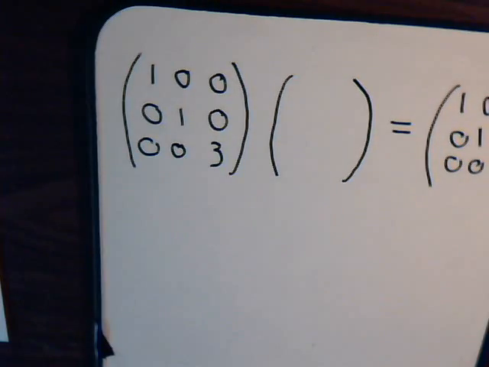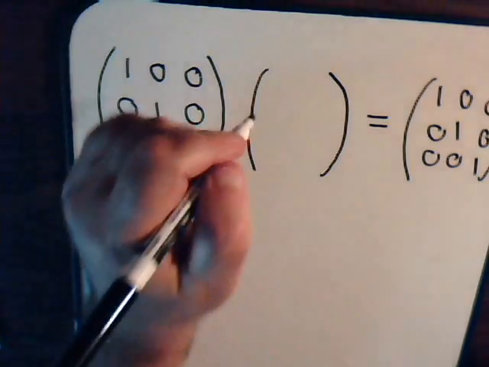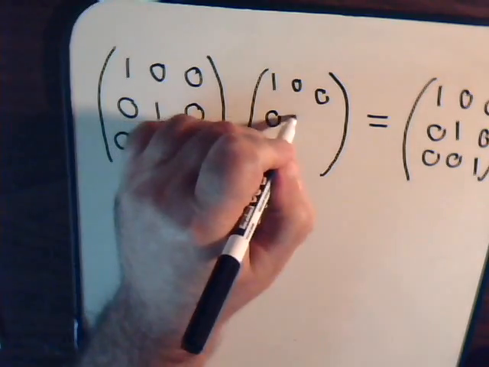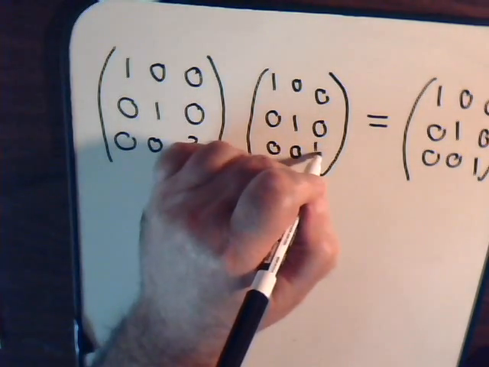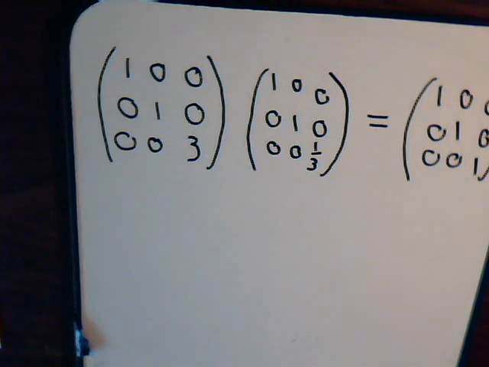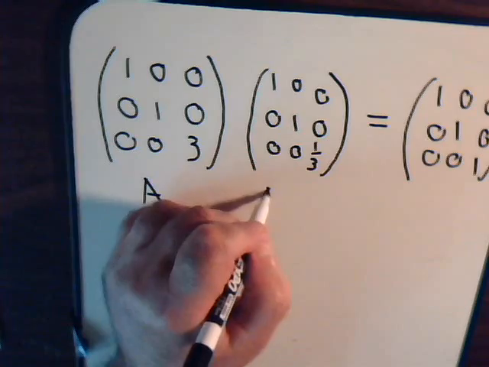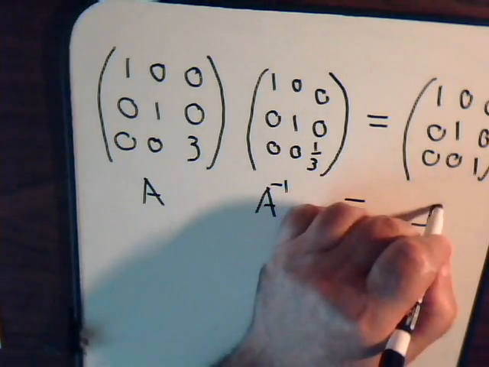And in this case, the inverse is real simple. It's just simply, and then down here 0, 0, 1/3. So here's our matrix A. This is its inverse, and then we get the identity matrix.